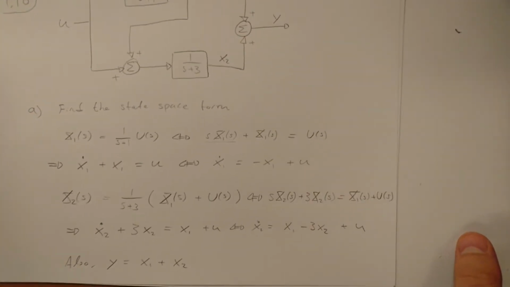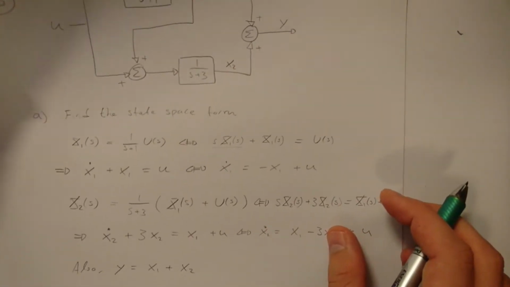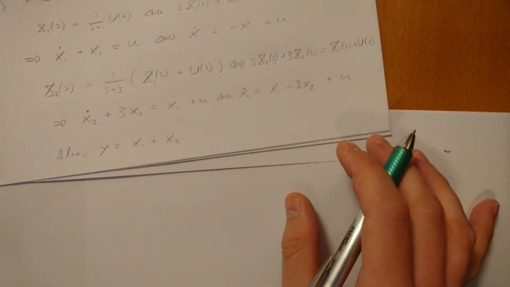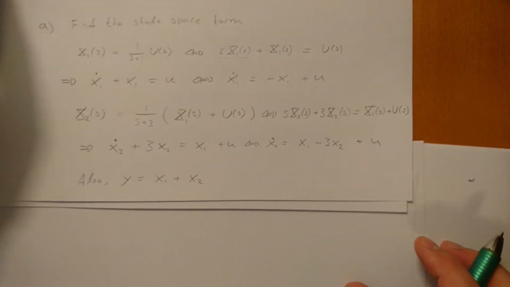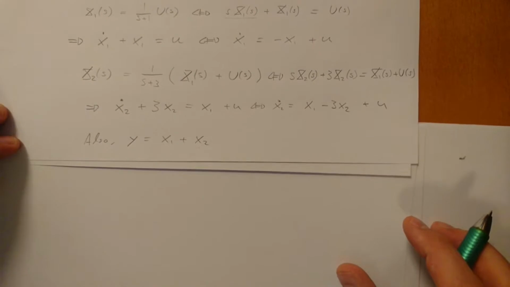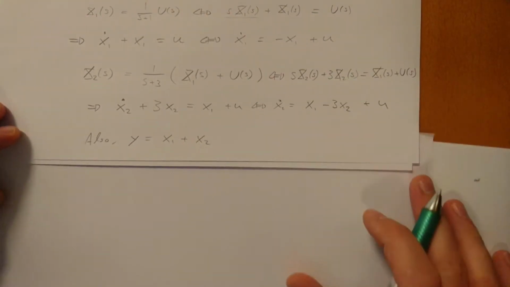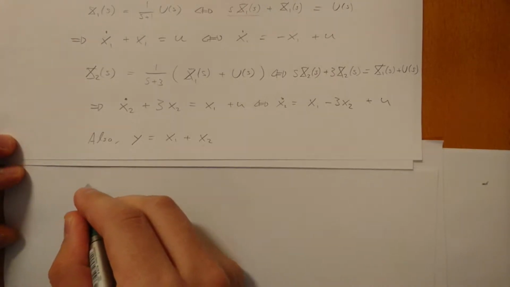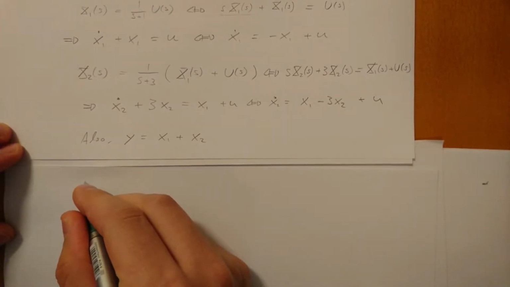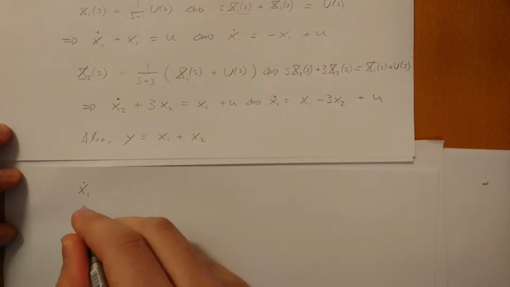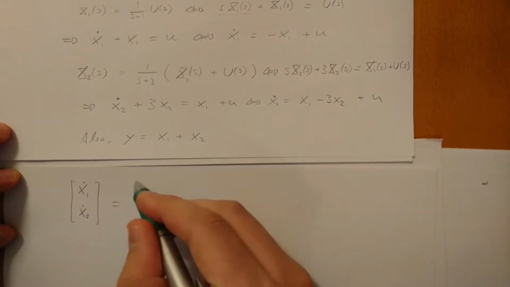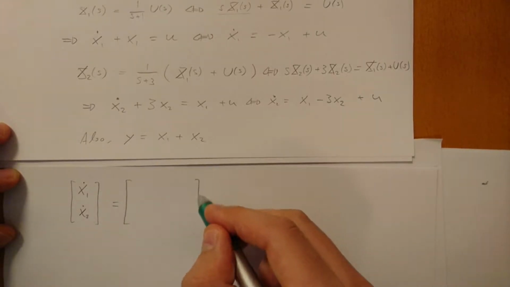So now we can set up the state space matrices. So let us do that here. Okay, so we have x1 dot and x2 dot is equal to what?